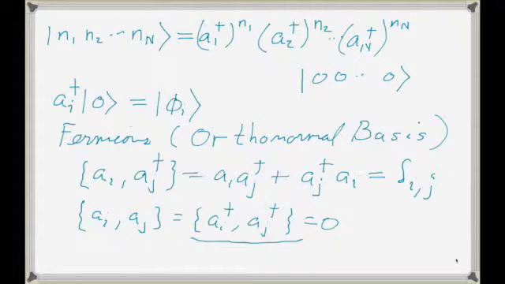So you can think of these as occupations ordered according to some basis set, which are my orbitals, phi 1, phi 2, phi n, some single particle orbitals, just like you would create a Slater determinant.